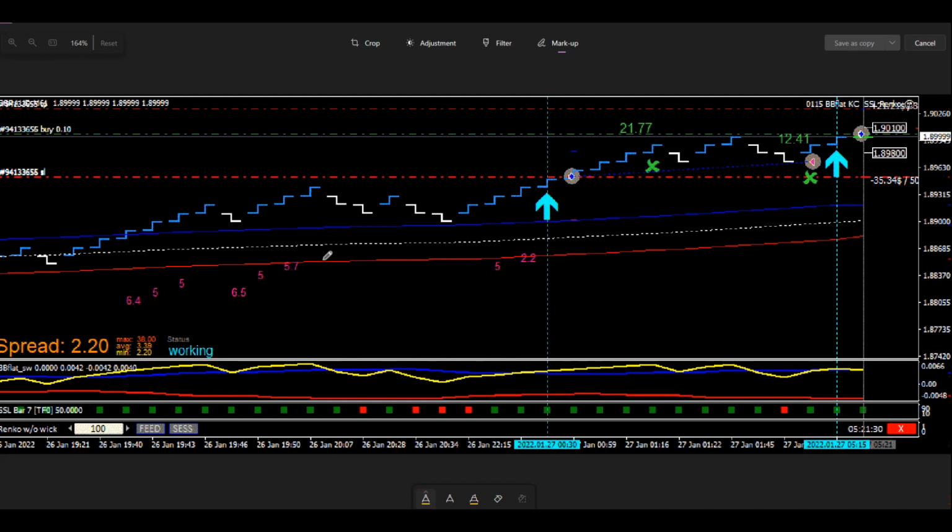However, part of my EA also has a spread filter, and my spread filter is 4.8. So anything above 4.8 pips, it's not going to trigger a trade. It's going to ignore it.